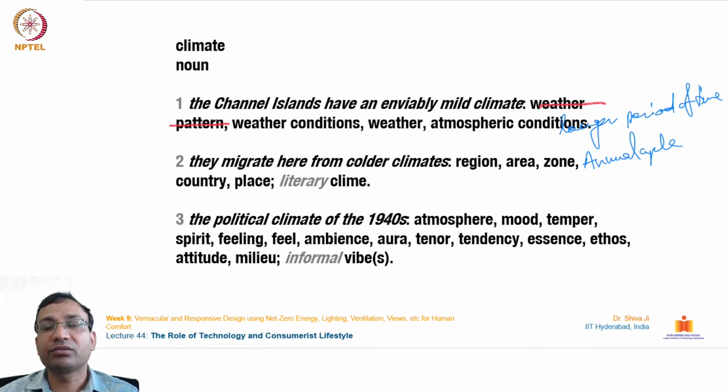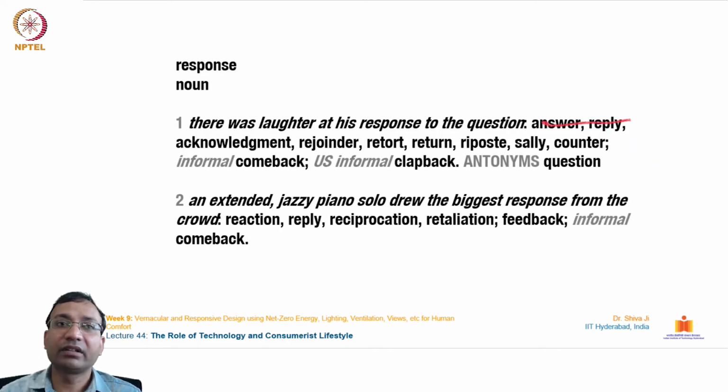It has to do with the weather pattern which lasts for a longer period of time, and that longer period we usually take in a cycle of one year. That natural occurrence of these prevailing atmospheric and environmental conditions, collectively we know as the climate. And what is responsiveness? Responsiveness, very simply, is the answer to a given situation.